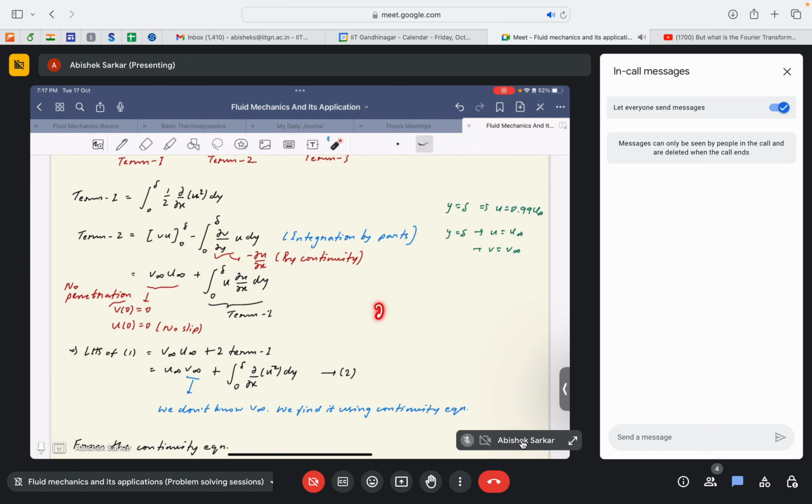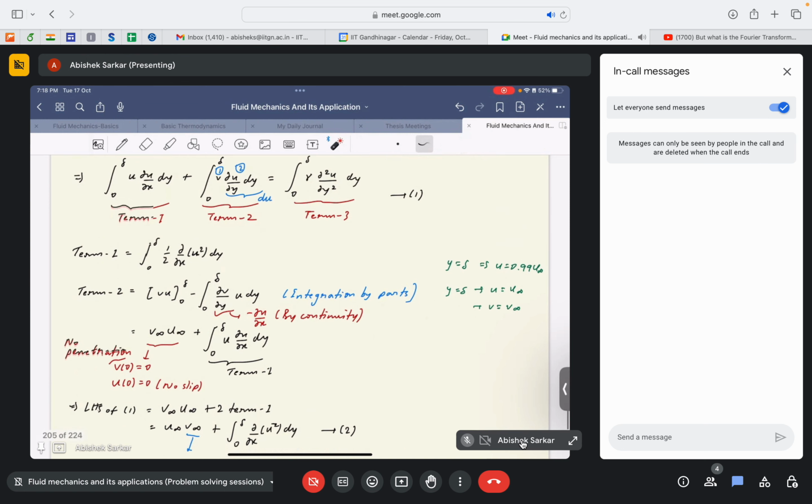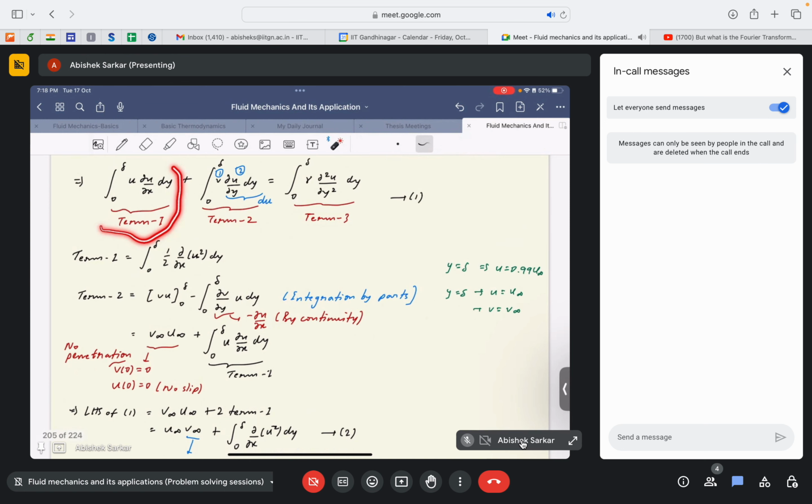That's why dou v by dou y would be equal to minus dou u by dou x. We substitute this in this equation to get the second term of this form. If you see, this term is exactly the same as the first term that we chose here, right? If you go back, the first term that we chose.